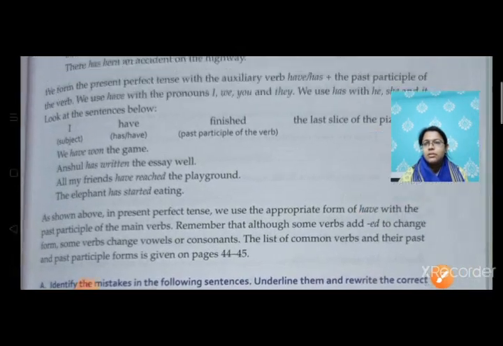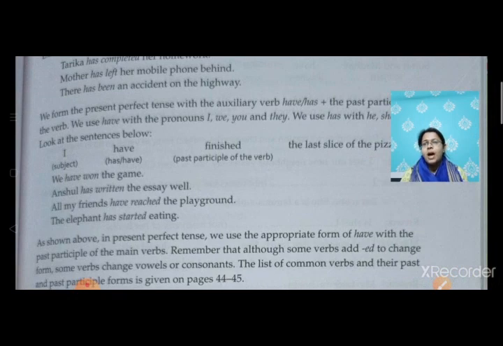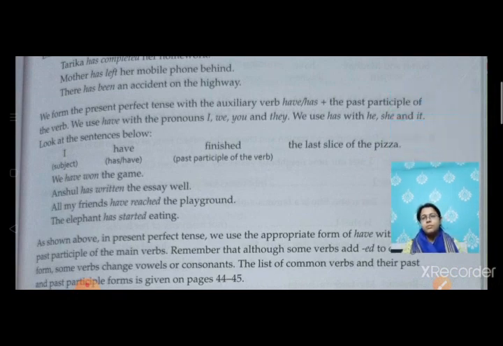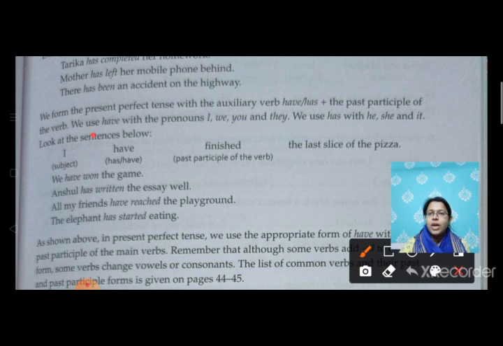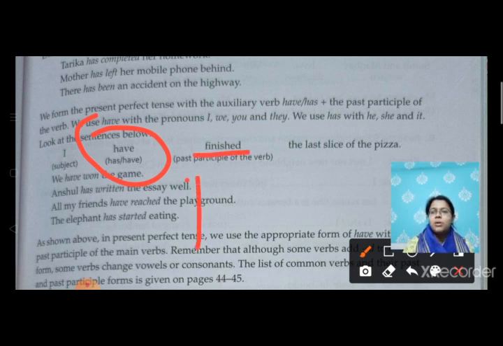Let's see that. I have finished the last slice of the pizza. So here I is the subject, and along with it, as you know, we have has or have. Along with I, we are going to use have. Finished is the past participle of the verb finish, right?